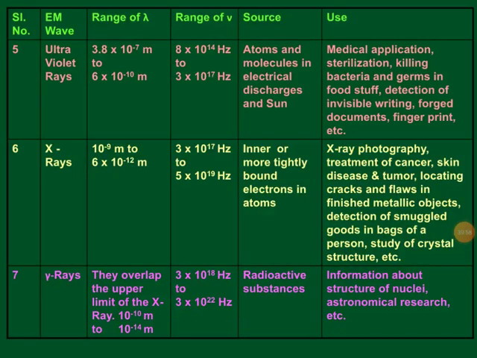So you need to remember the different spectrums: gamma rays, X-rays, ultraviolet, then visible radiation, that means VIBGYOR, then infrared, then microwave, then radio wave. You need to remember the frequency ranges and wavelength ranges, and moreover the sources of these electromagnetic waves as well as their uses.